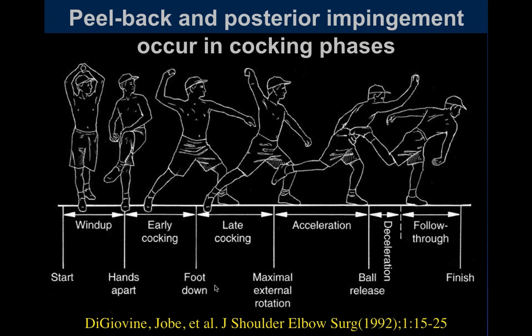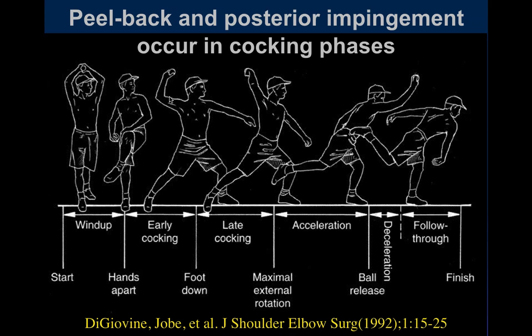So let's look at this. We're really talking about the throwing athlete. You see this a lot in Major League Baseball pitchers and catchers. So this is the sequence of throwing, from Jobe, from the Kerlan-Jobe group, which he kind of popularized. You start with the wind-up, then you separate the hands at the end of the wind-up.